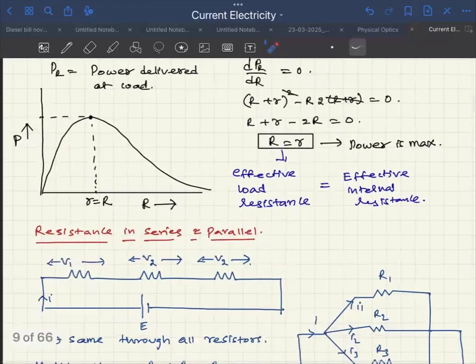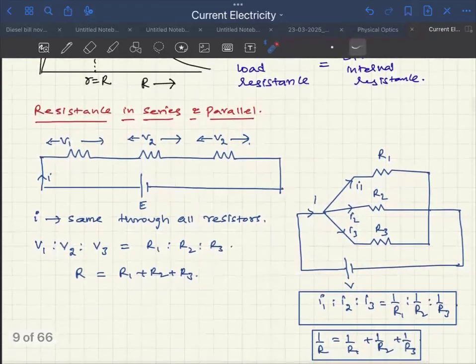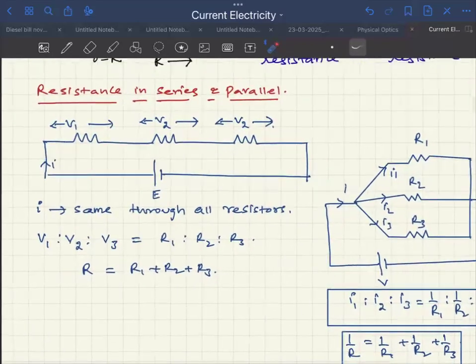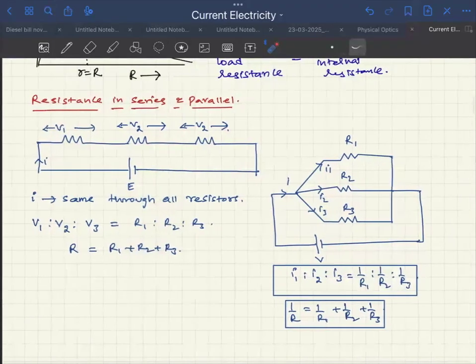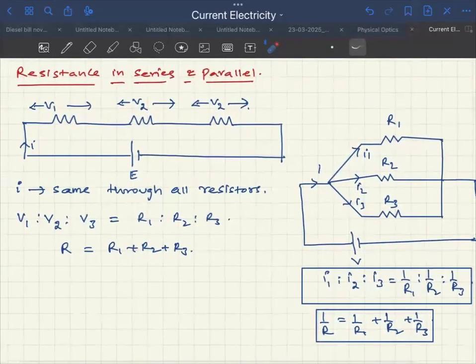Good. Next. Now our major deal is resistance in series and resistance in parallel. All these things you already are aware of at your school level, but still I will make it a bit faster so that I can accommodate good contents at a later stage.